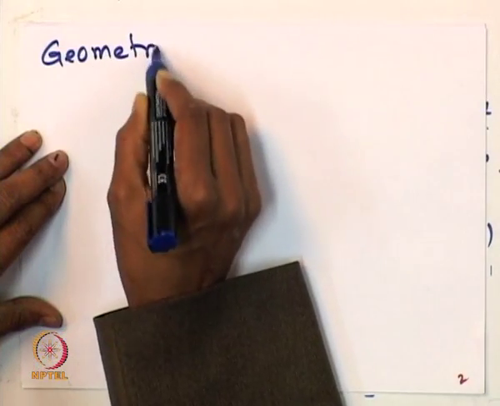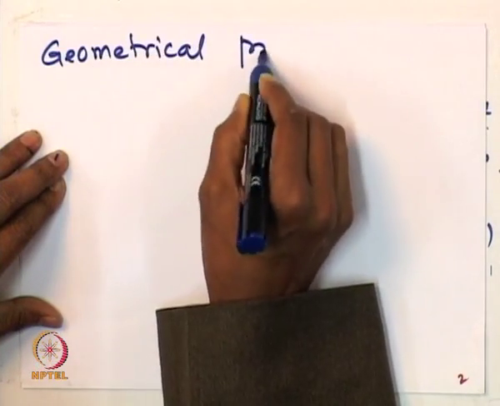We might discuss that on a different forum, but mainly let me put forward the idea of a geometrical preference. How can you determine what type of geometry will be preferred, and what could be an example for such cases? Geometrical preferences, right.